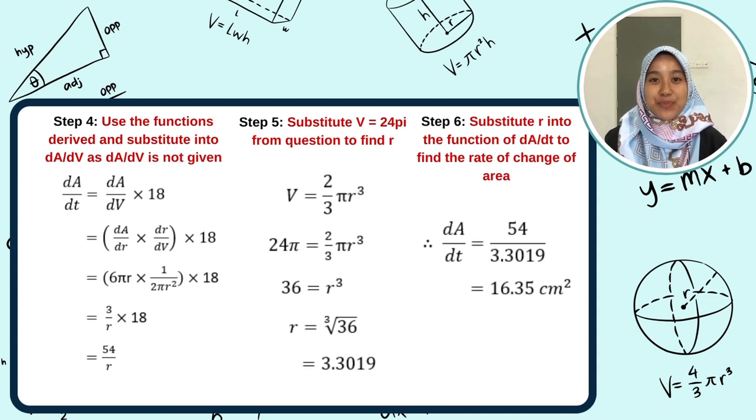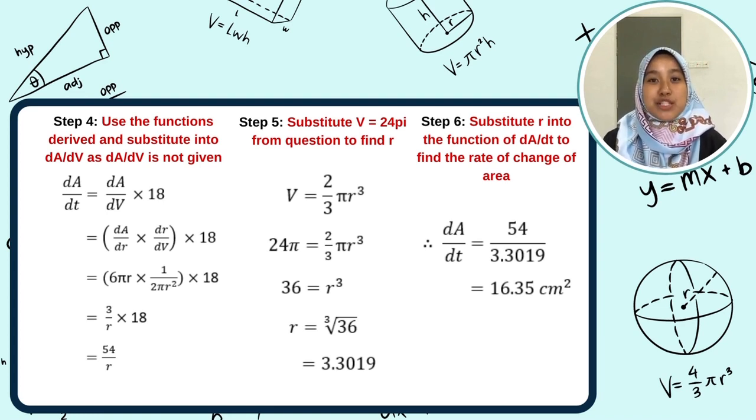Next is step 4. Step 4 is when you use the derived functions from the previous step 3 to be substituted into dA/dV. This is because dA/dV is not the information that you get in the problem statement. So, you have to use the derived functions from step 3, which were derived from the volume of hemisphere and area of hemisphere, because that is the information given.